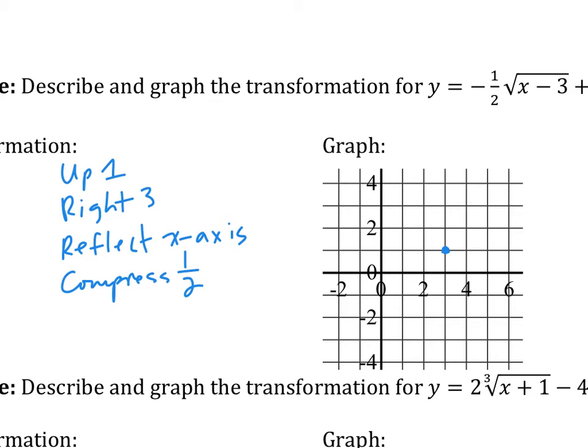So at 1, 1, it's now 1, 1/2. At 4, 2, it's now 4, 1. You're just shrinking that y by 1/2. But we're going to reflect it over, so it ends up looking something like this. Again, you start with your h and k. That point is not going to move. Then you do your reflection or compression as it requires. Good?